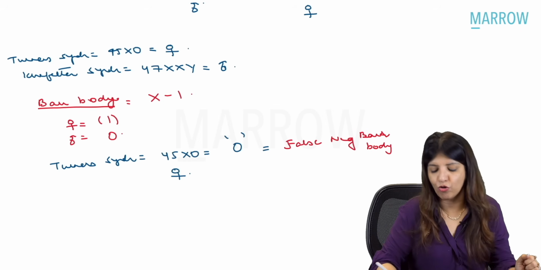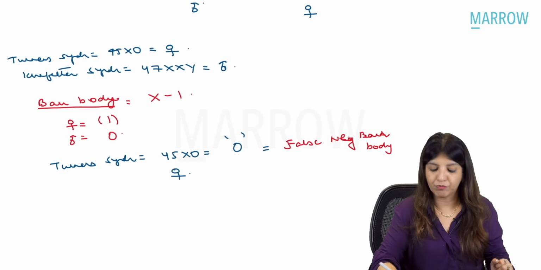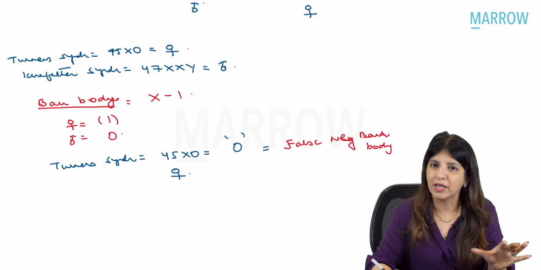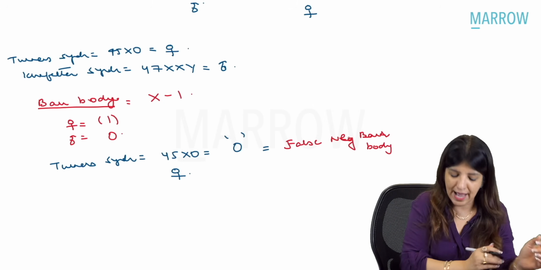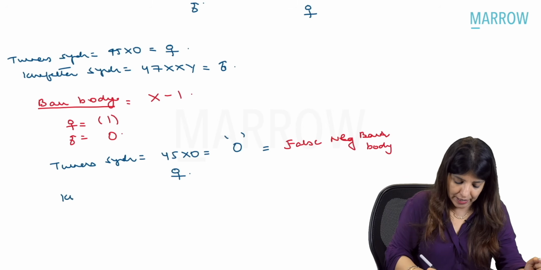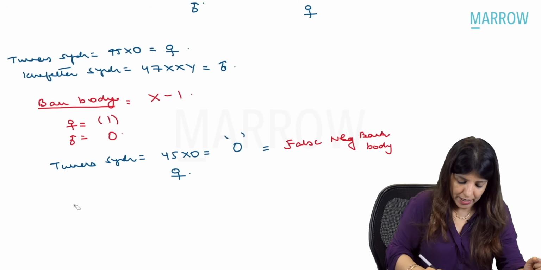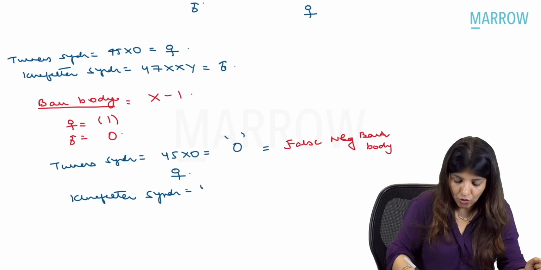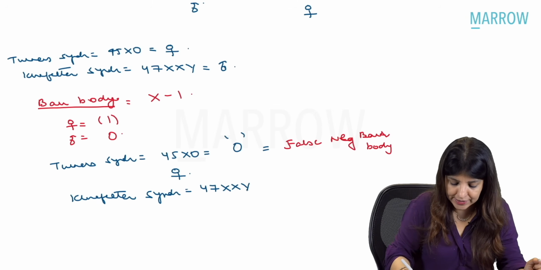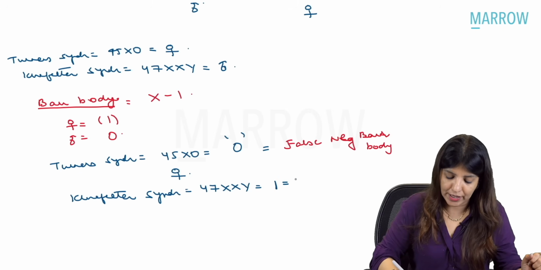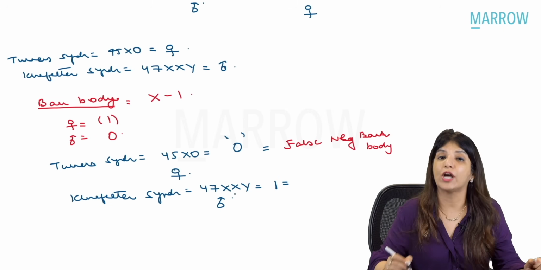This is what is called a false negative Barr body. The baby has to be designated as a female child, but the Barr body count is coming as 0. On the other hand, in Klinefelter's syndrome, which is 47XXY, the number of Barr bodies is 1, but they are taken as male children, right?